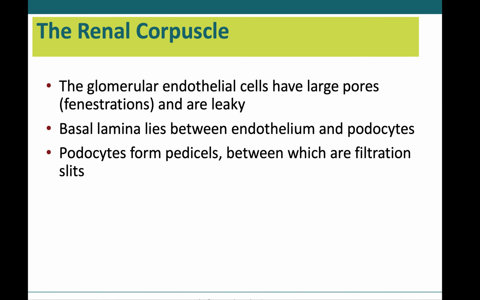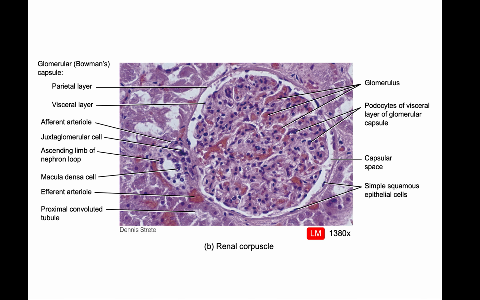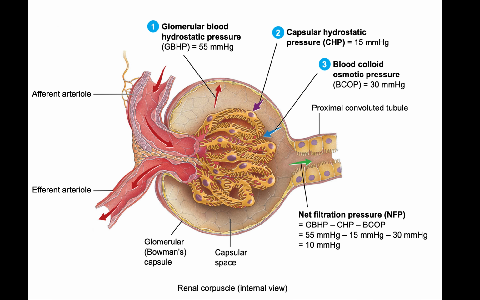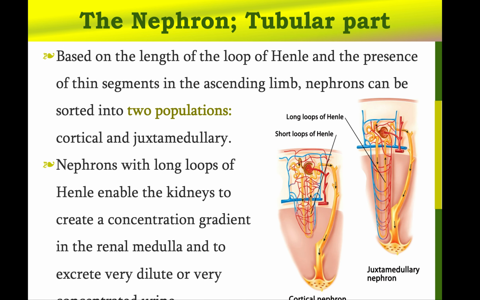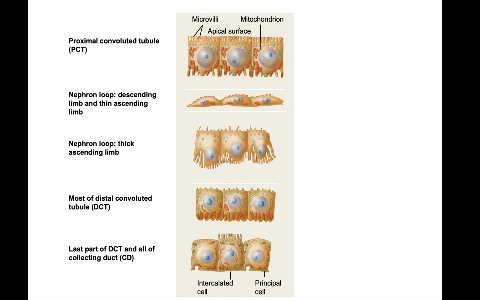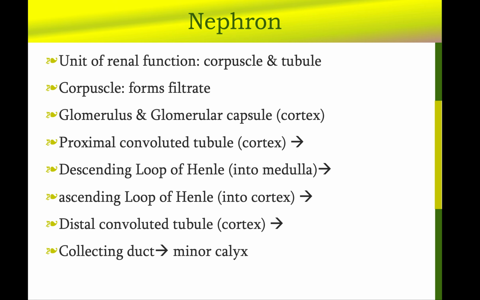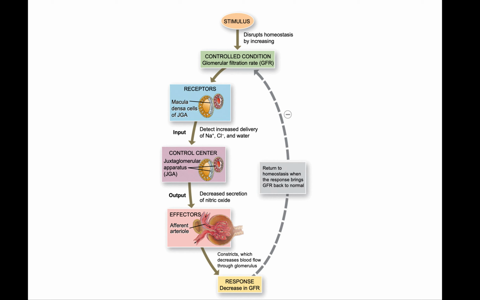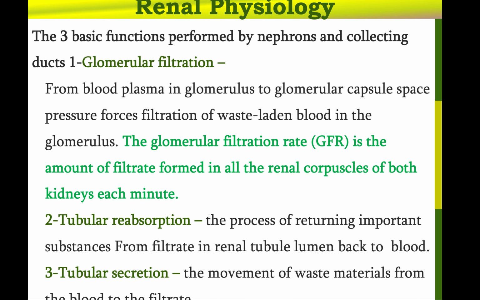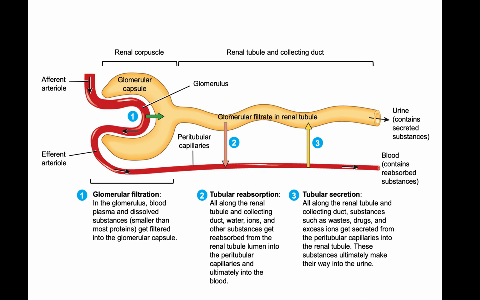However, you need to know about the nephron, the structure of the nephron, and the filtration membrane. You also need to know the types of nephrons, and the glomerular filtration, and the very important slide about glomerular filtration, tubular reabsorption, and tubular secretion.